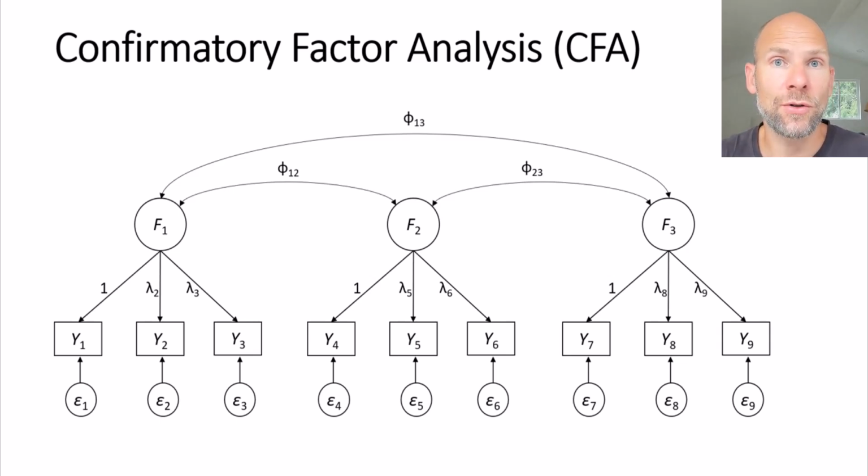So the structural or latent variable model in a confirmatory factor analysis consists of those factor correlations or covariances in the unstandardized solution, and there are no direct relationships estimated between the factors, only non-directional relationships, covariances or correlations. And that's the main difference between CFA and SEM.